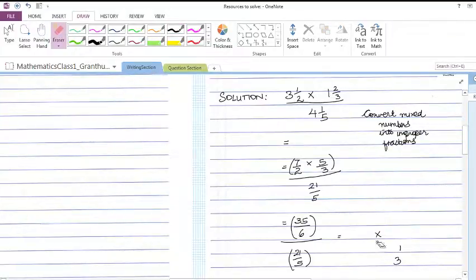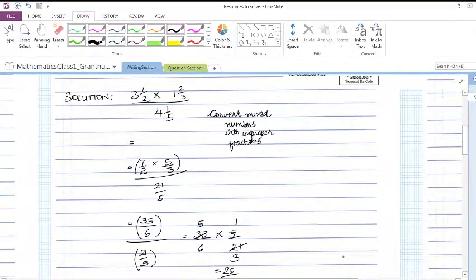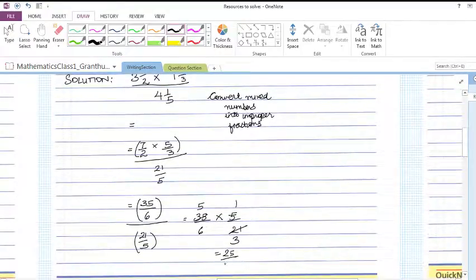I'm sorry. This is actually 35 over 6 multiplied by 5 over 21. Yes. So 5 into 5, 1. No. 7 into 21, 3. So the answer will be 5 out of 25, 25 over 18 is the answer.